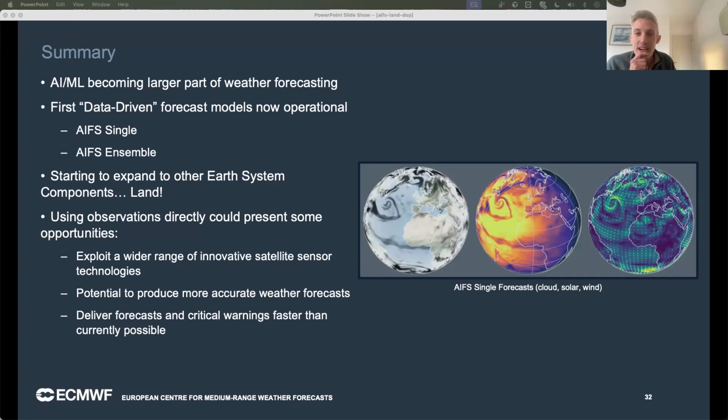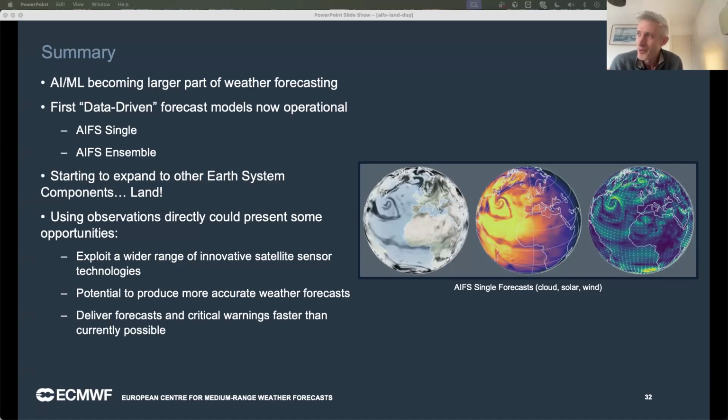So, can you speak to how direct use of observations relates to land variables, given the limited number and type of observations relative to those of the atmosphere? I think this is a really good question, and it's something that I've been thinking about quite a bit, as well with Nina. It's really tough because you're right.